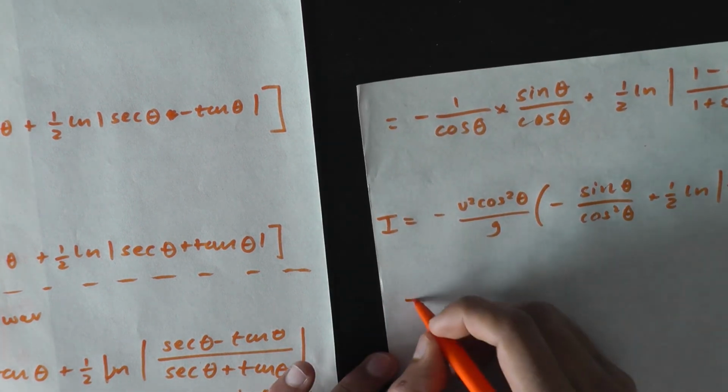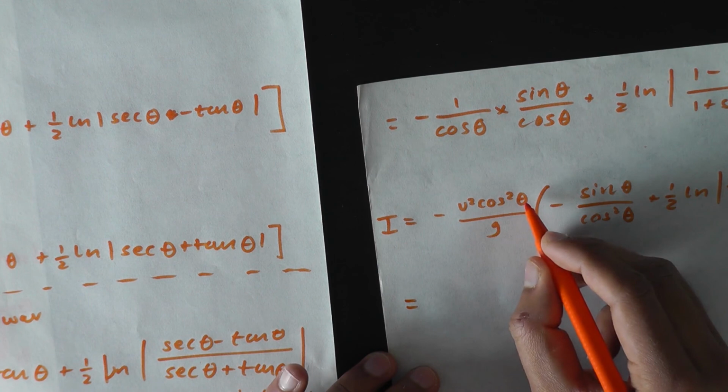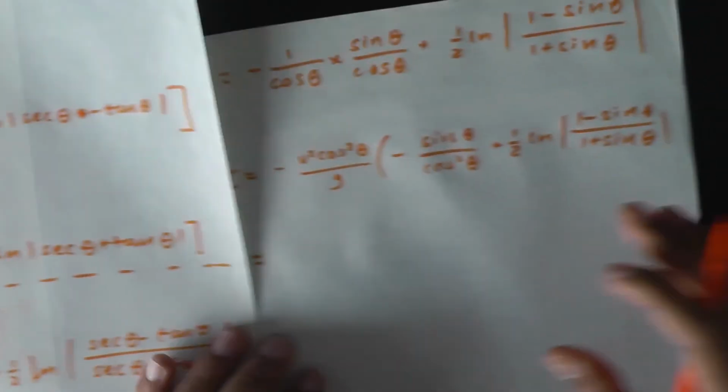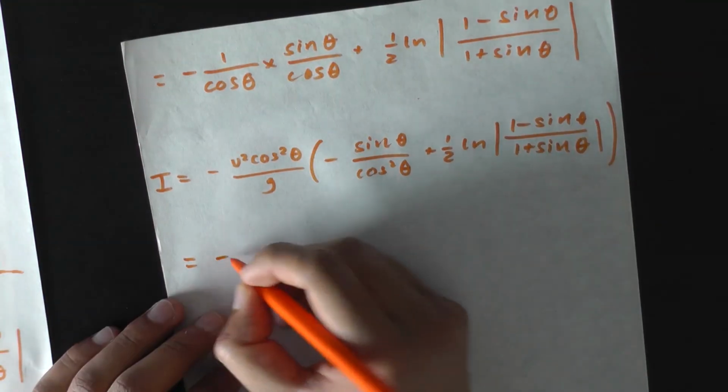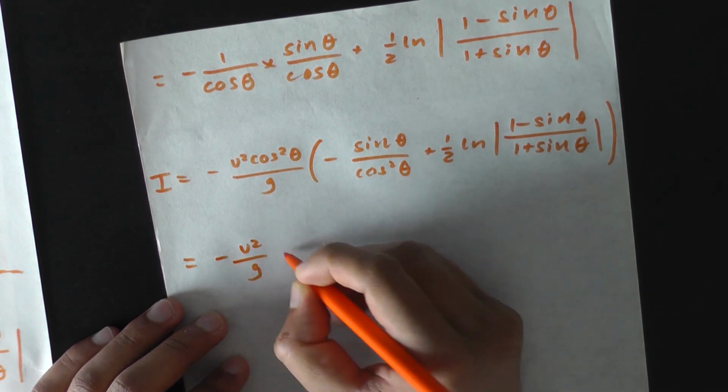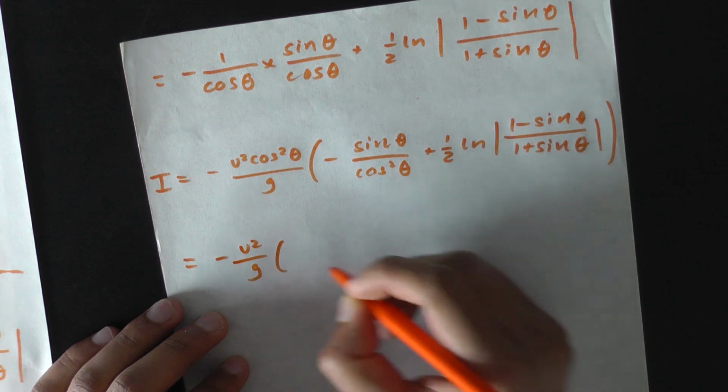And now we just bring in the minus cos squared theta because we want an expression in theta. We got minus v squared over g. On the final integral, it's not supposed to be minus v squared over g, it's supposed to be v squared over g because we brought the minus sign with the cos squared theta into the brackets.